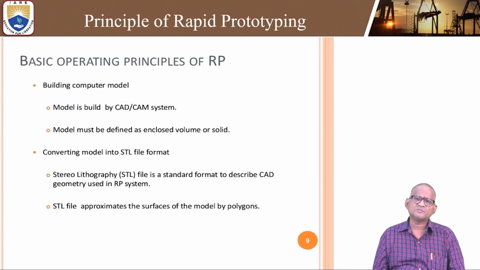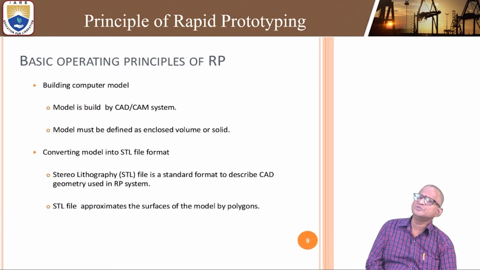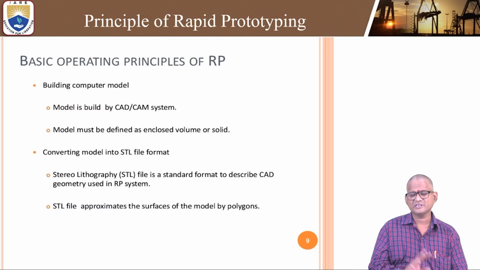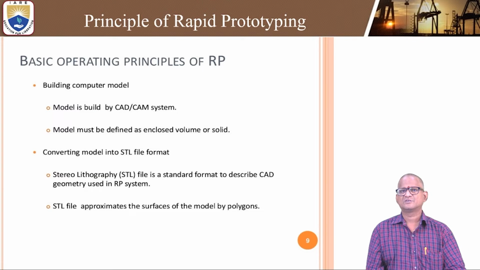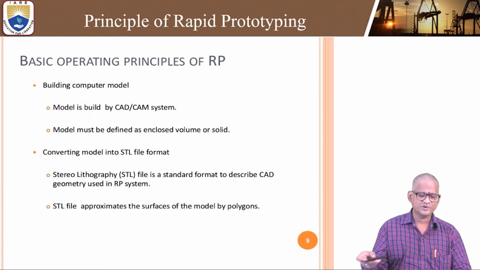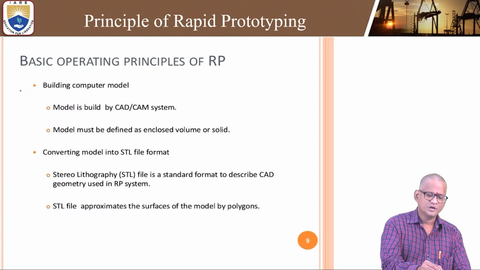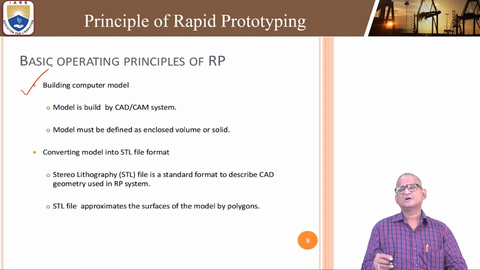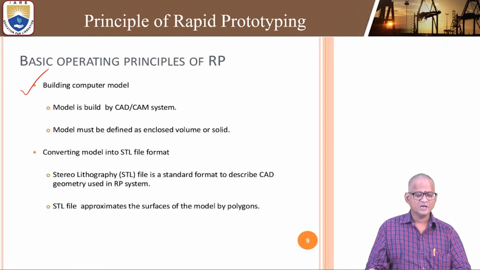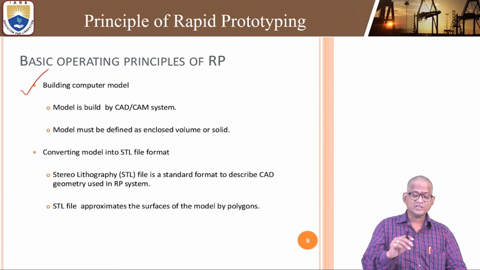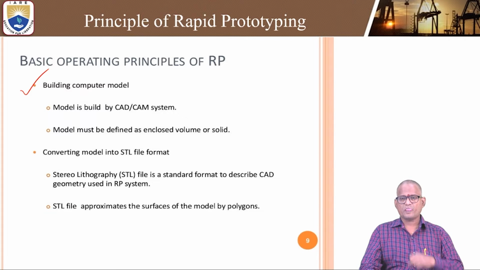Okay, so once the model is created, how do you prepare that solid model in the rapid prototyping machine? The first foremost principle is building the computer model, either in a CAD or CAM system, and converting this model into STL format.